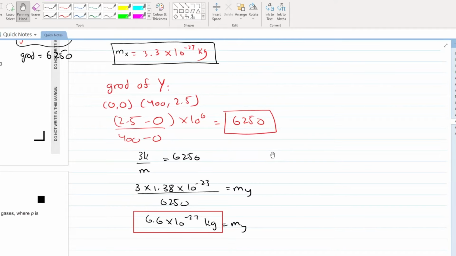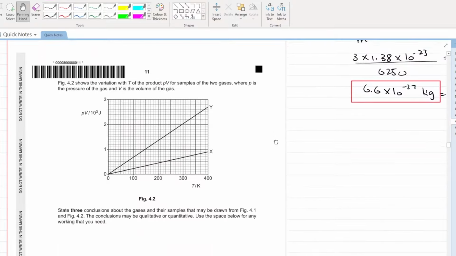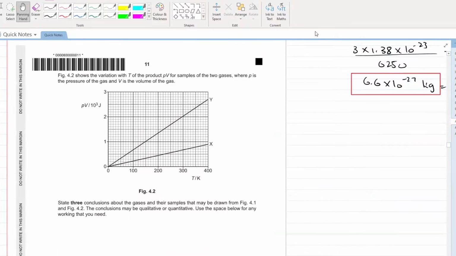Okay, what can be another conclusion here? If you focus a bit, here, can you see PV over T? Can you see the second graph?